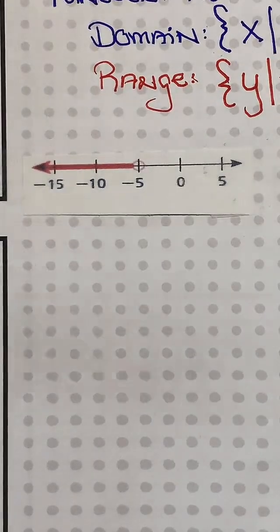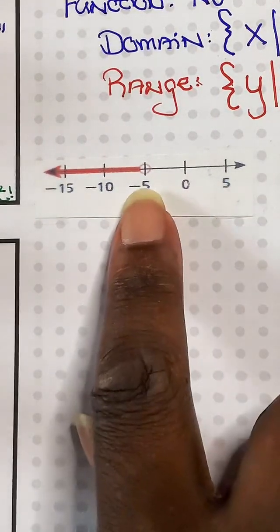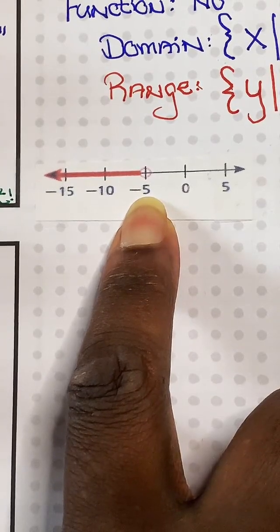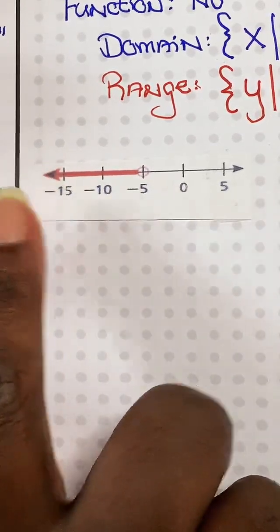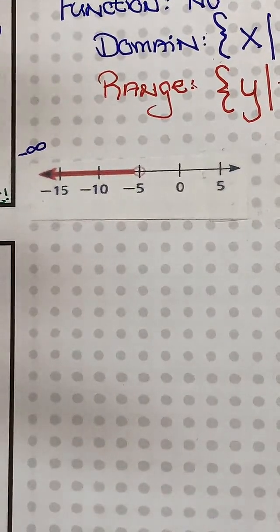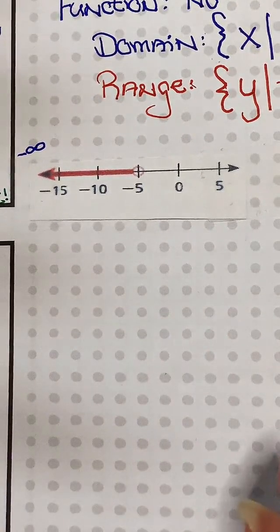So we have our first graph. I notice they're counting by 5s. There is an open circle at -5, and a red line continuing all the way to -infinity. If we wrote that as an inequality, it would be x is less than -5.